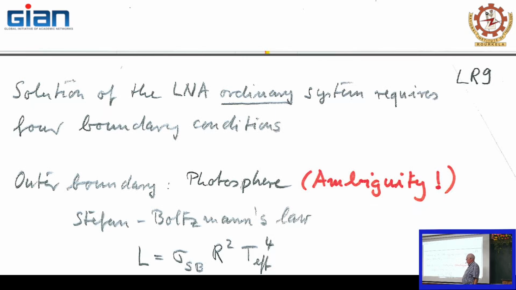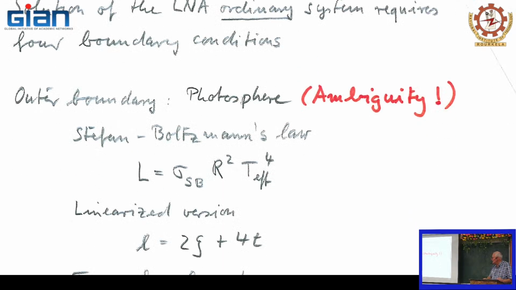The outer boundary of our model is the photosphere, and for the photosphere we usually require the validity of the Stefan-Boltzmann law, saying that the luminosity is proportional to r squared times the effective temperature to the fourth.